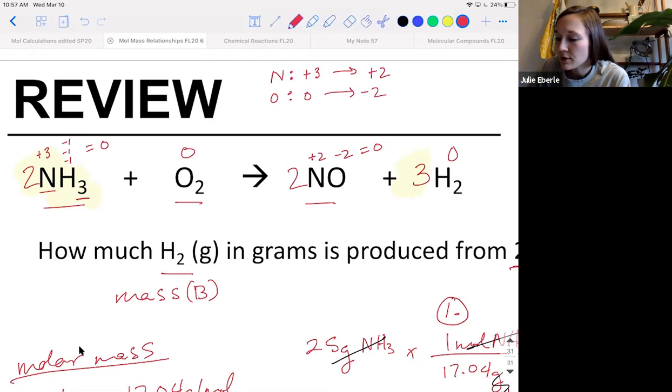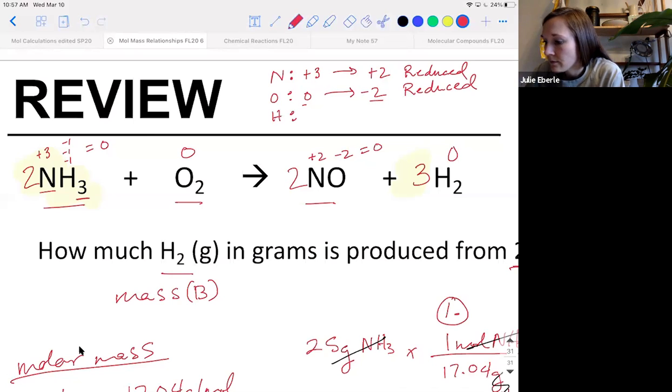Well, here's the deal, Allie. When you have 0 and you're becoming -2, technically the charge is decreasing, and you could say it's being reduced. So this is reduced. And guess what? Nitrogen's also going down, so it's also reduced. Hydrogen is a -1 starting out, and it's becoming 0. So this is oxidized.